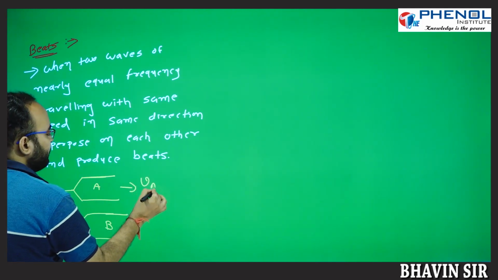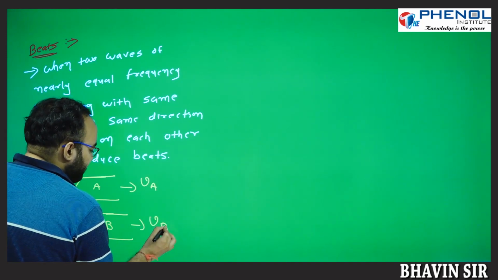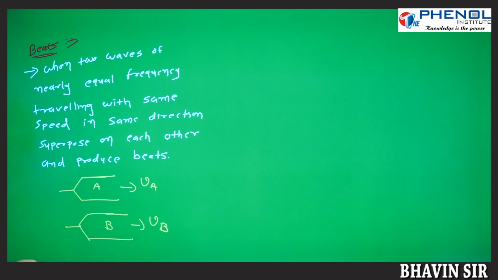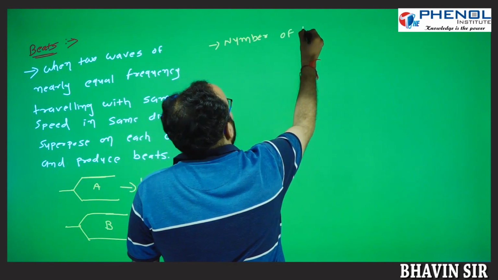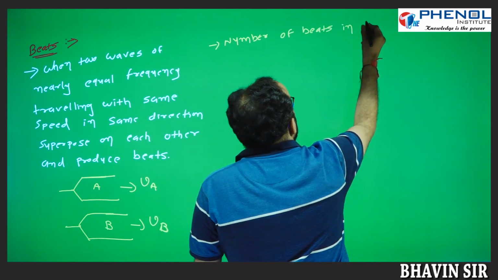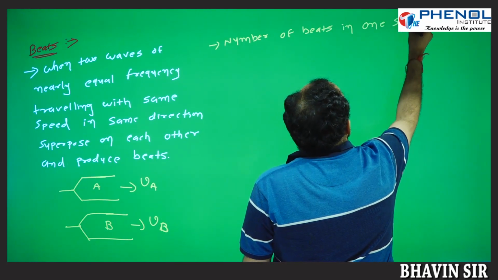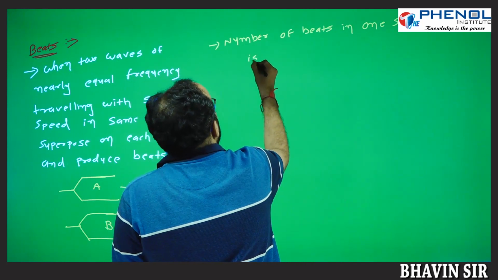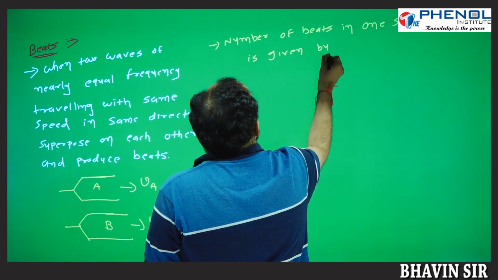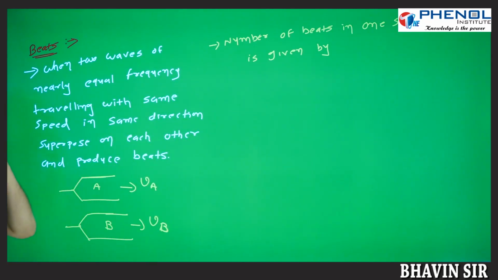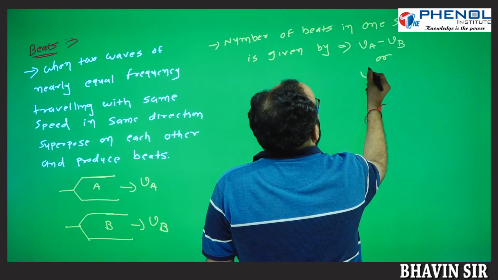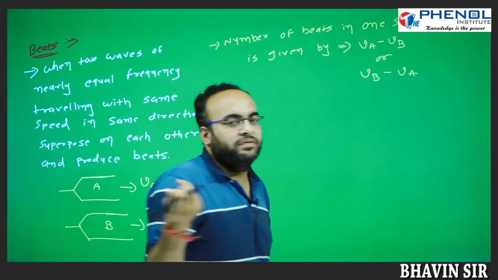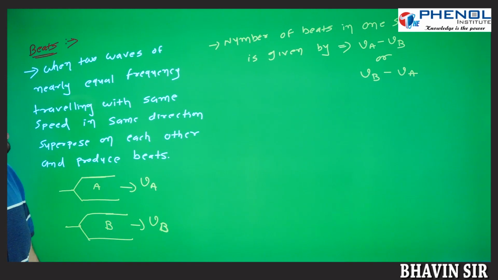What is the frequency of the first tuning fork? nu A. What is the frequency of the second tuning fork? nu B. The number of beats in 1 second is given by nu A minus nu B. If the frequency of A is high, then nu A minus nu B. If the frequency of B is high, then nu B minus nu A.